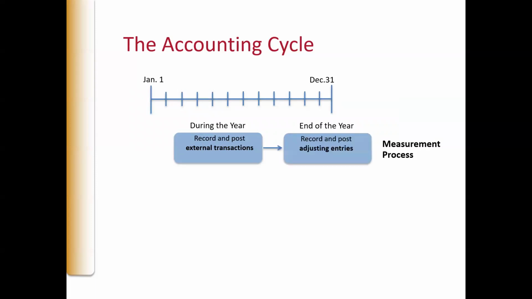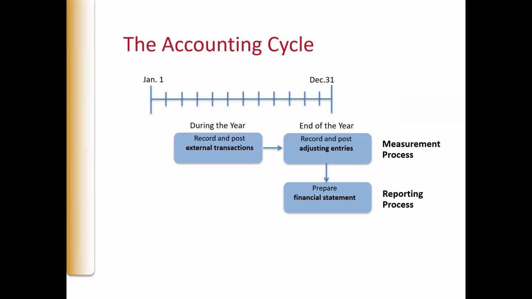The accounting cycle, we've gone ad nauseum about during the year. We take all these external transactions that are happening and we figure out what accounts are being affected and how much, and we do our debits and credits.